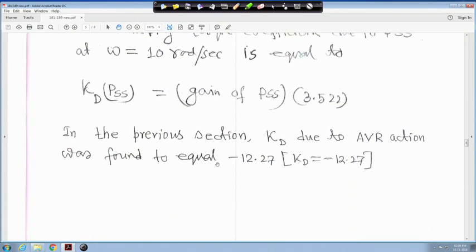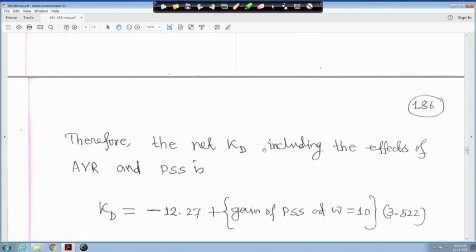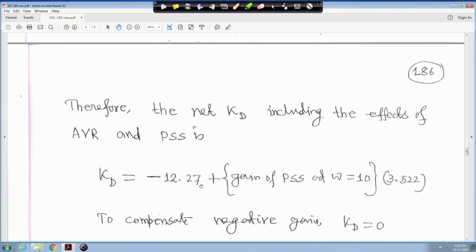If in the previous section Kd due to AVR action was found to be minus 12.27, that we have seen just before in the previous example, whatever data we considered, then the net Kd including the effects of AVR and PSS is minus 12.27 plus the gain of PSS at omega is equal to 10 radian per second into 3.522.